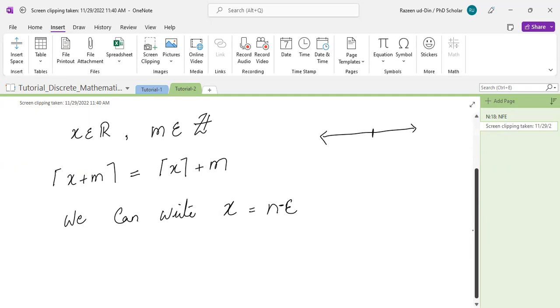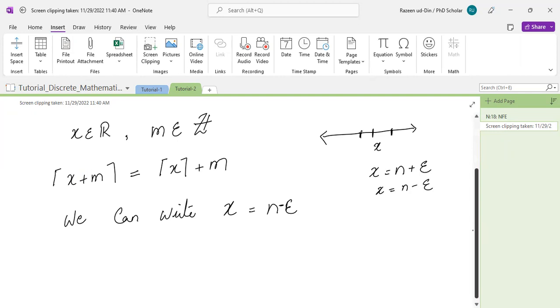If this is x, we can take the integer from here or from here, to express x as n plus epsilon or as n minus epsilon.